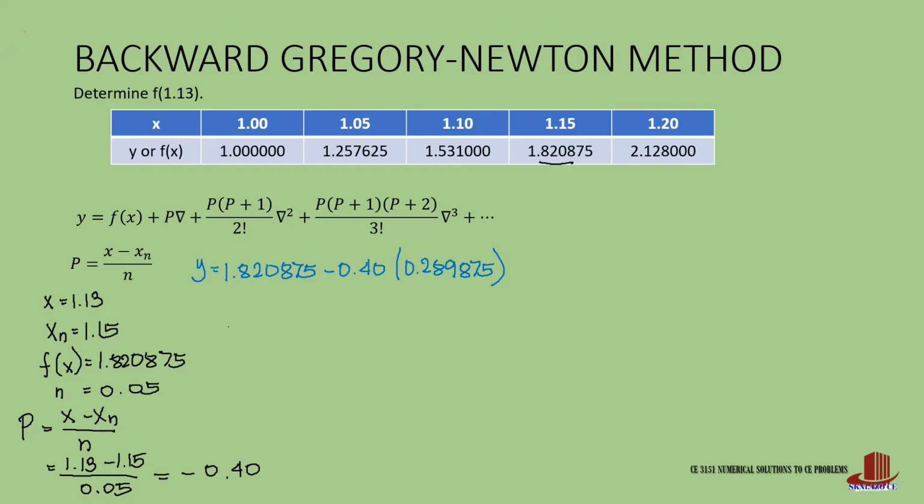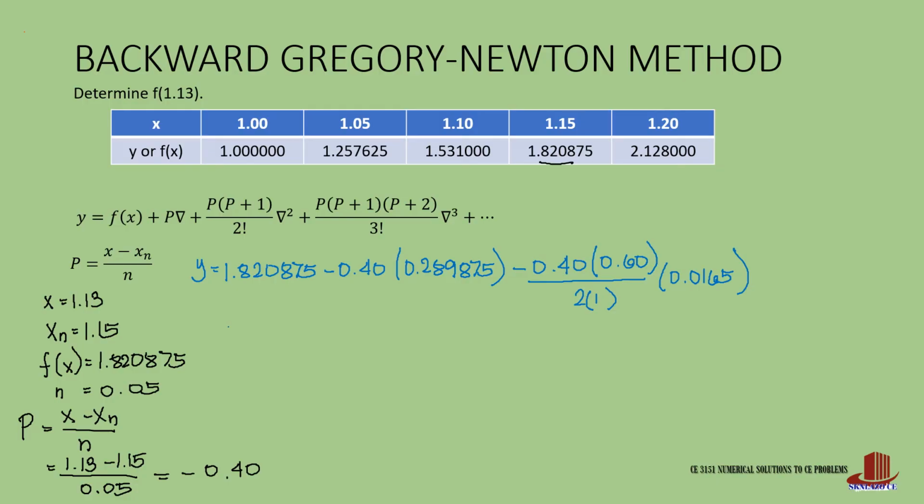Then consider the next term, where it would start with p, which is negative 0.4, multiplied by p plus 1, or that would give us positive 0.6. This would be all over 2 factorial, or 2 times 1, and nabla squared is taken as 0.0165.